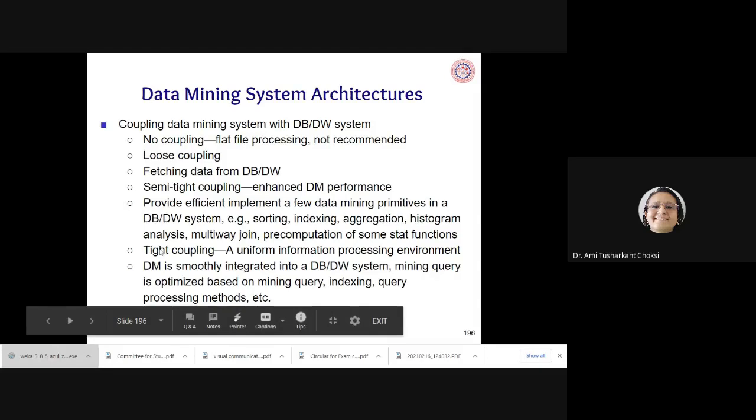Right? DM is smoothly integrated into the DB/DW system. Mining queries are optimized based on the mining query, using indexing, query processing methods, etc.